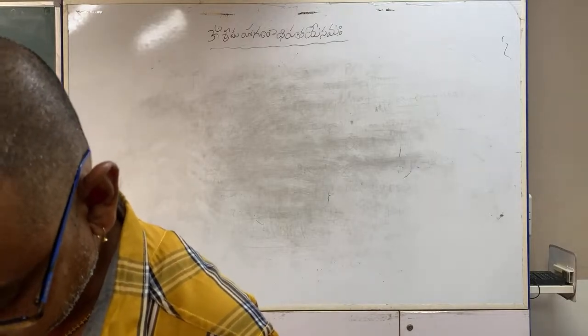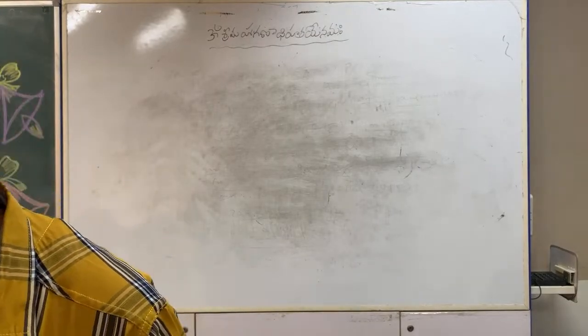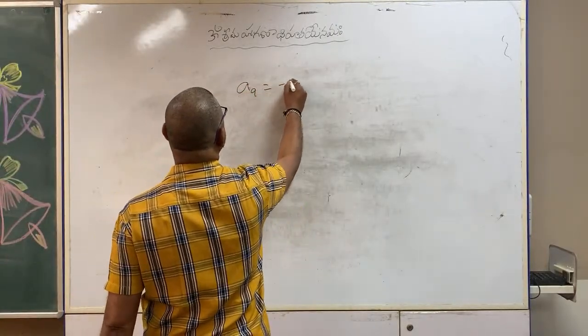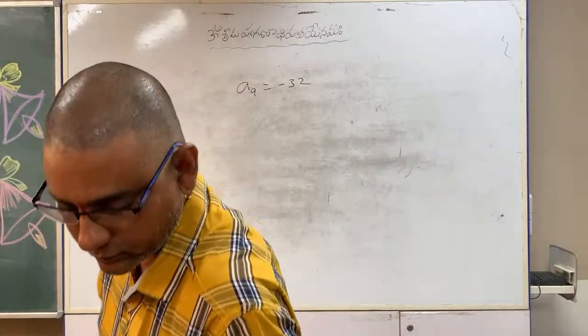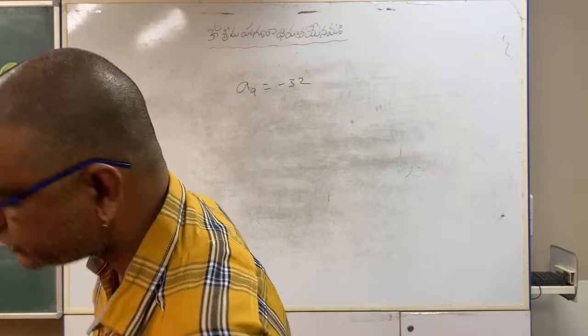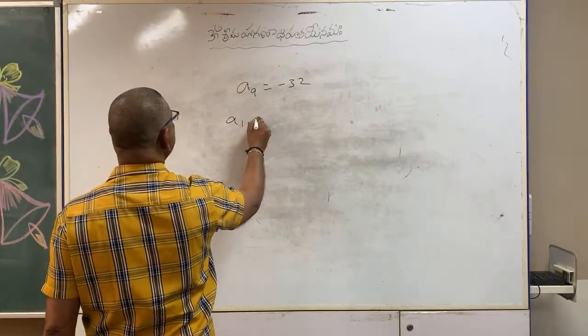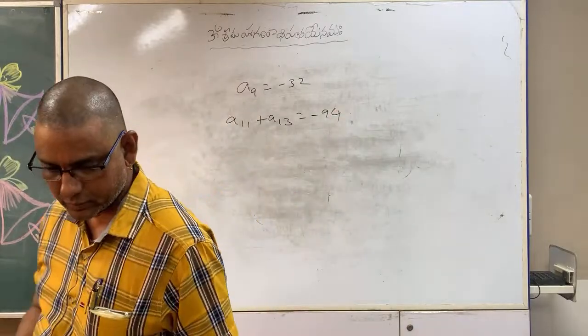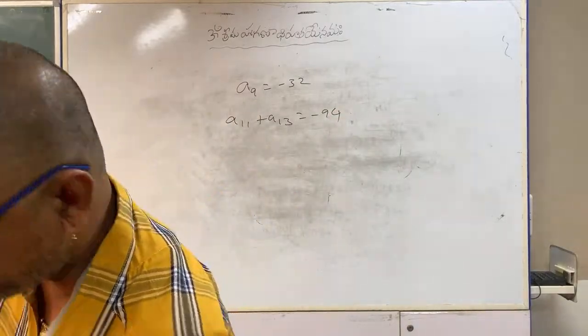Next question. Ninth term of AP is minus 32, and the sum of 11th and 13th terms, A11 plus A13, is negative 94. Find the common difference of the AP.